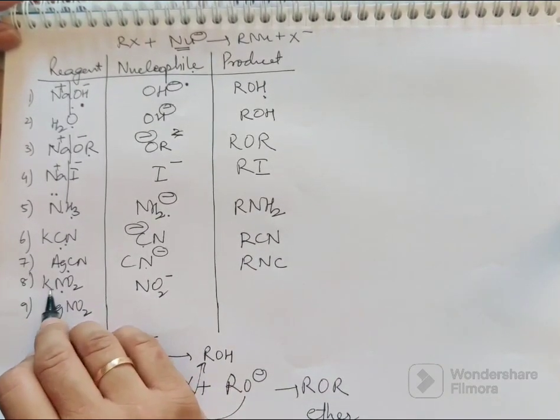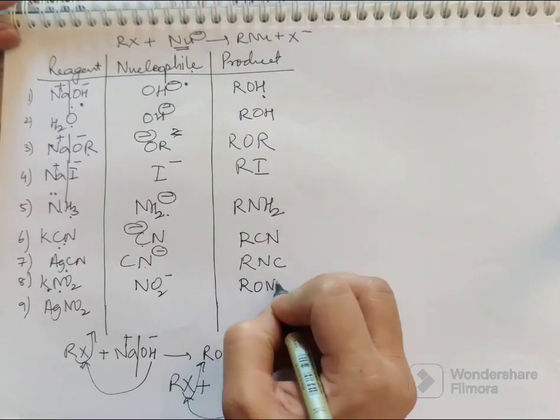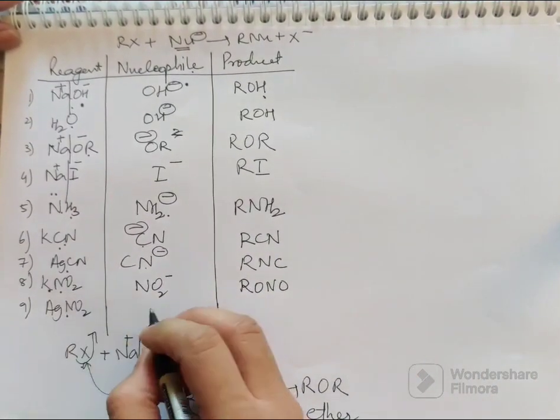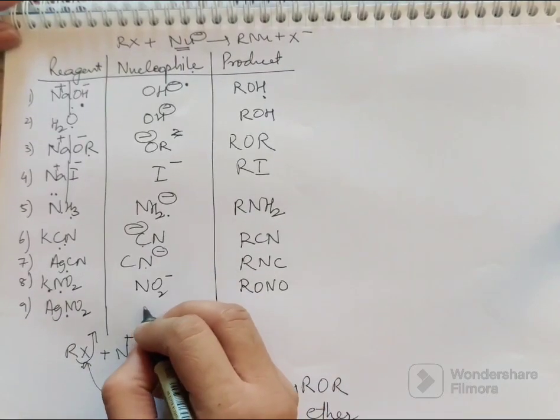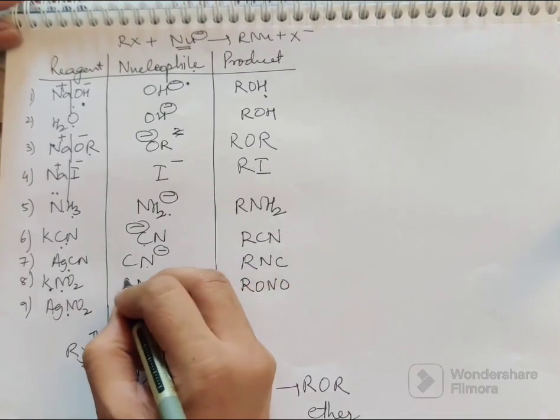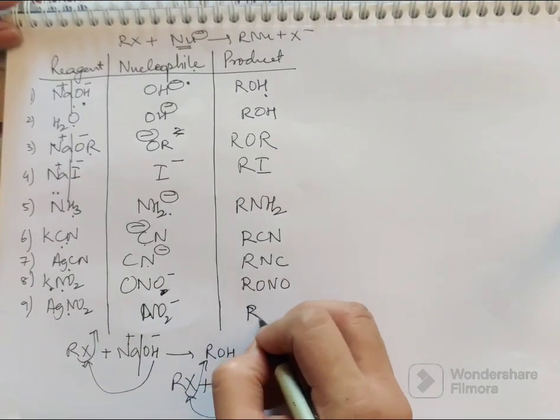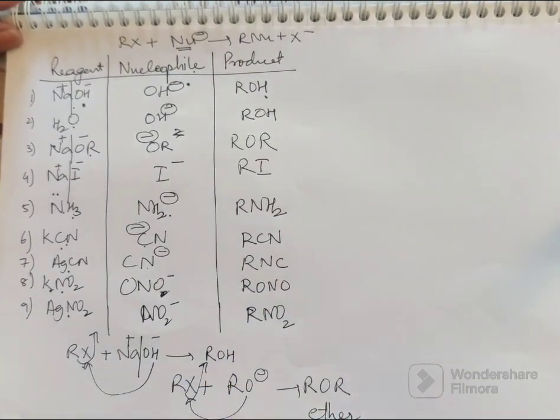Potassium and sodium nitrite will give bonding through oxygen. So we'll get RONO. But if it is silver nitrite, then we get this NO2 minus. This we can write as ONO minus also. And then we get RNO2, nitro compounds.